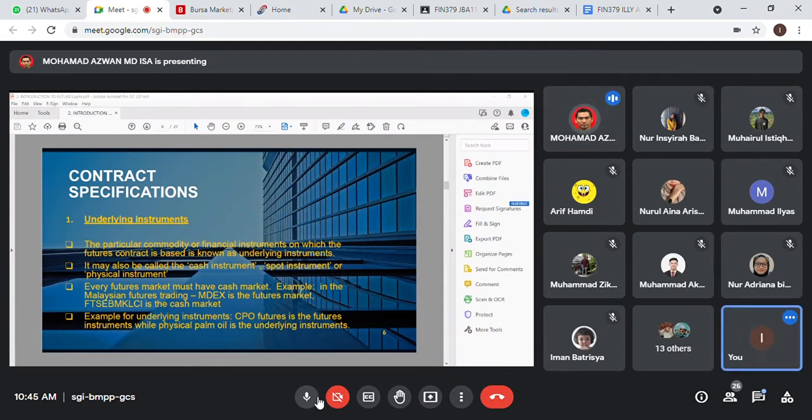And end of the month for FKLI. This is for FCPO. Okay, kalau the 15 of the contract month is a holiday or non-working day, so the contract will expire the day before.